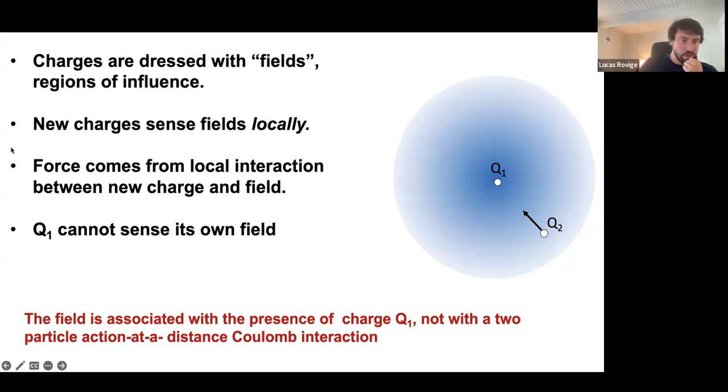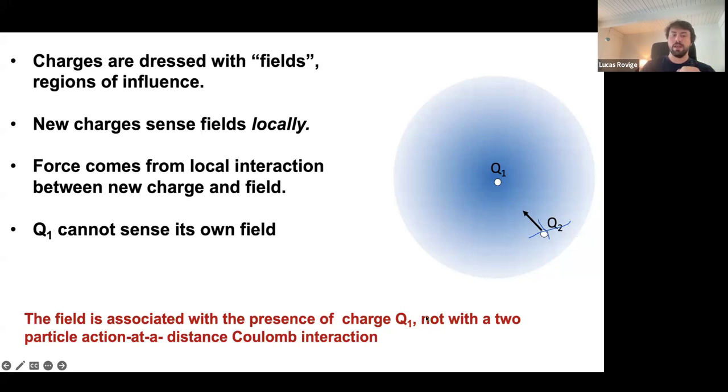Another thing is if you remove this particle here, this particle Q1 and its field are still there. Remember, for the force we define the force using the charges of the two particles, so to define a force you need two particles.